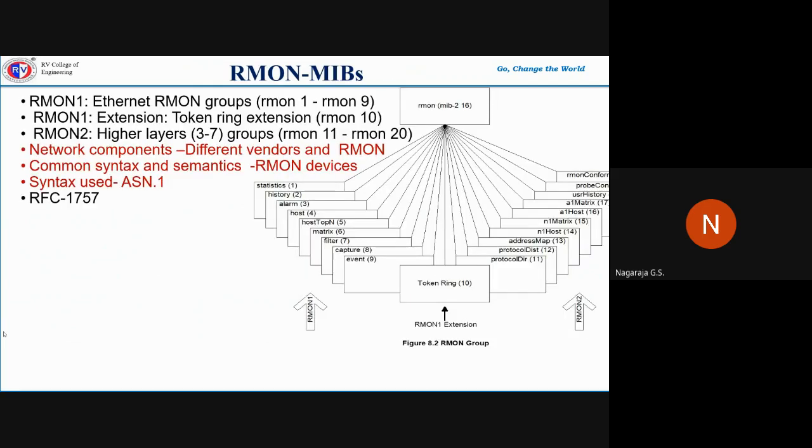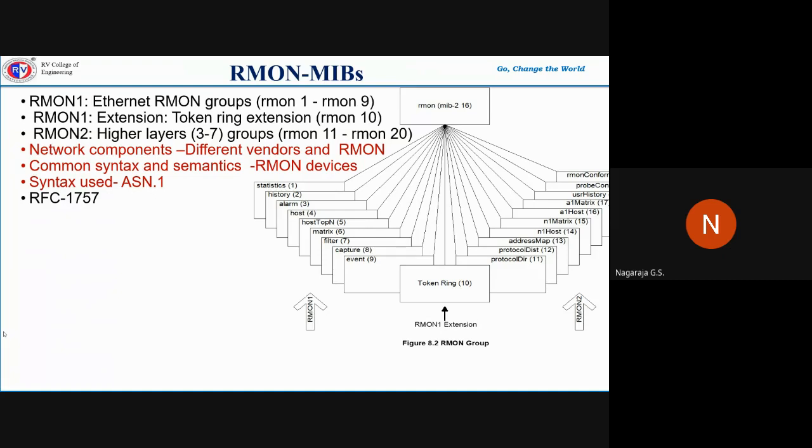Moving further, again the focus is on MIBs, because we say a lot of things about RMON, but how is RMON able to provide a lot of details to the console station, or to the administrator?